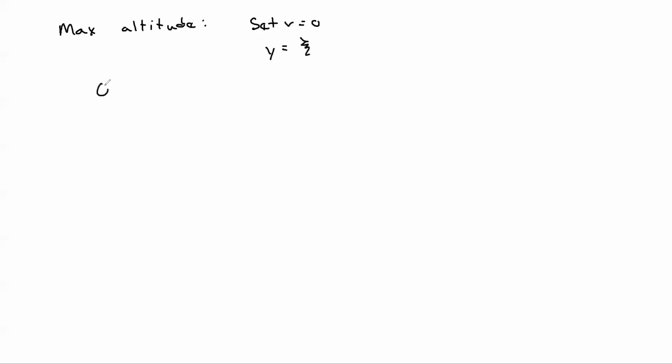So we'll have 0 equals plus or minus the square root of 2gr squared over r plus xi plus v naught squared minus 2gr.